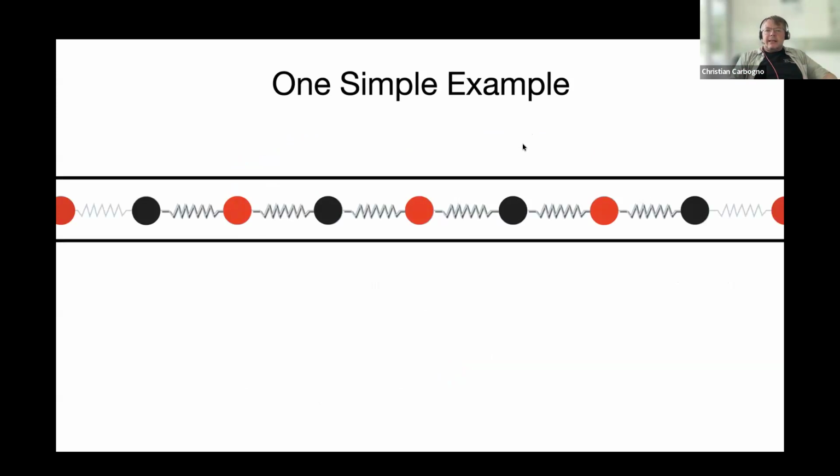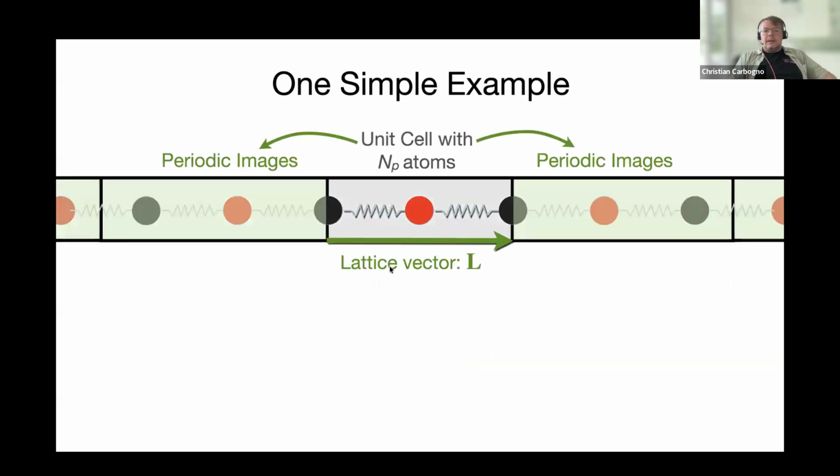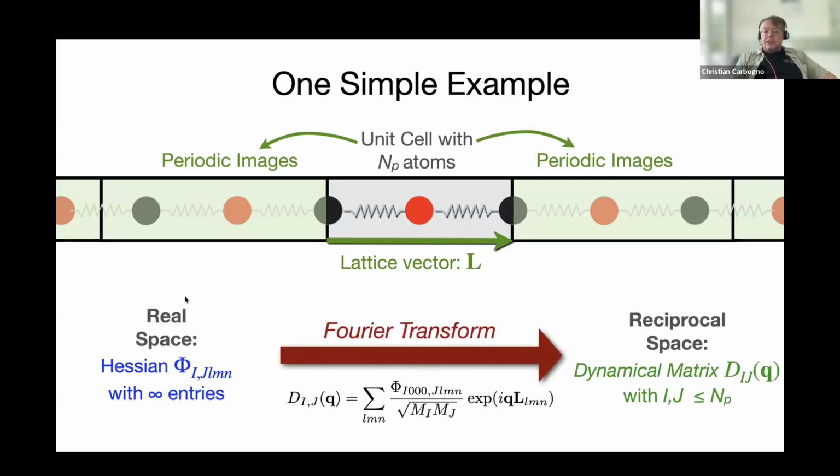Here we have one system, a linear chain. This is very simple. We have a unit cell with two atoms and one lattice vector that describes the periodic images. If we worked in real space, we would have a Hessian with infinite entries, because obviously the force acting, for instance, on this black atom depends on which atom moves anywhere.